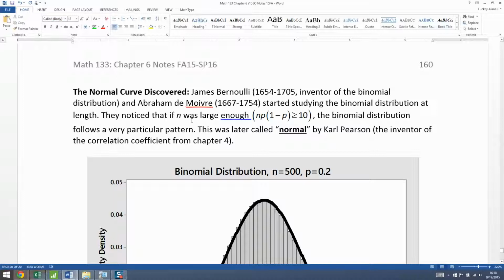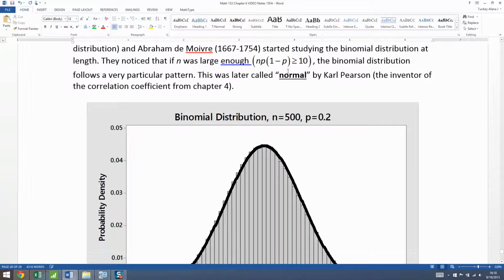And they both noticed that if n was large enough, and roughly n times p times 1 minus p is greater than or equal to 10, then that binomial distribution follows a very particular pattern. It wasn't until Karl Pearson came around, he's the same person that invented the correlation coefficient r from chapter 4, that it started being called normal. He coined the phrase the normal distribution.